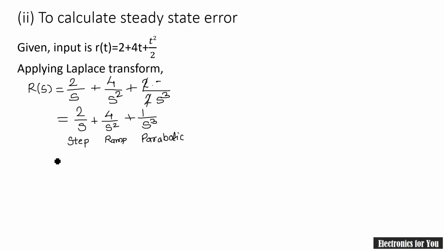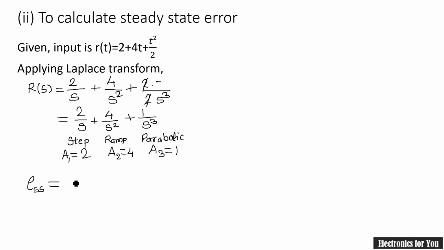Therefore we can write here the magnitudes. A1 equals 2, A2 equals 4 and A3 equals 1. I'm just writing here, and therefore the steady state error is the sum of all three types of input.